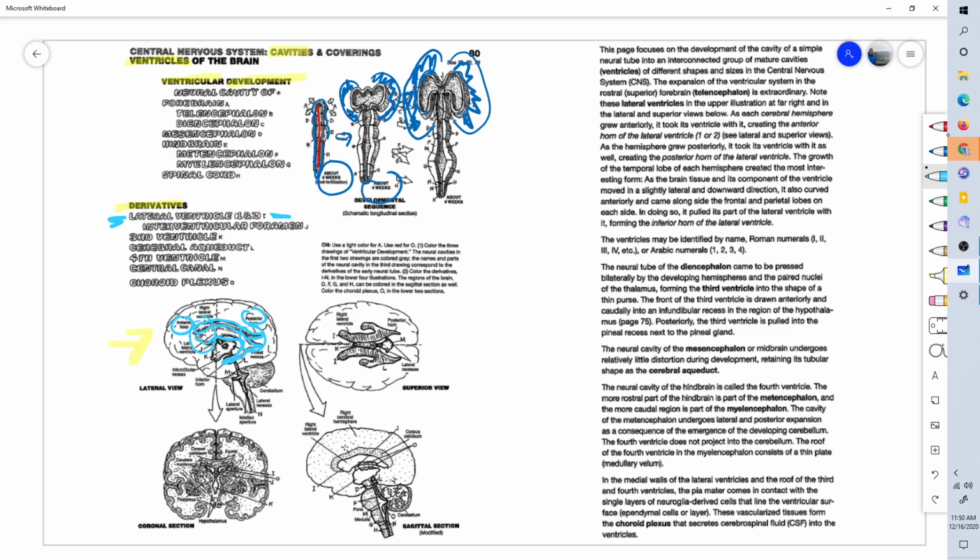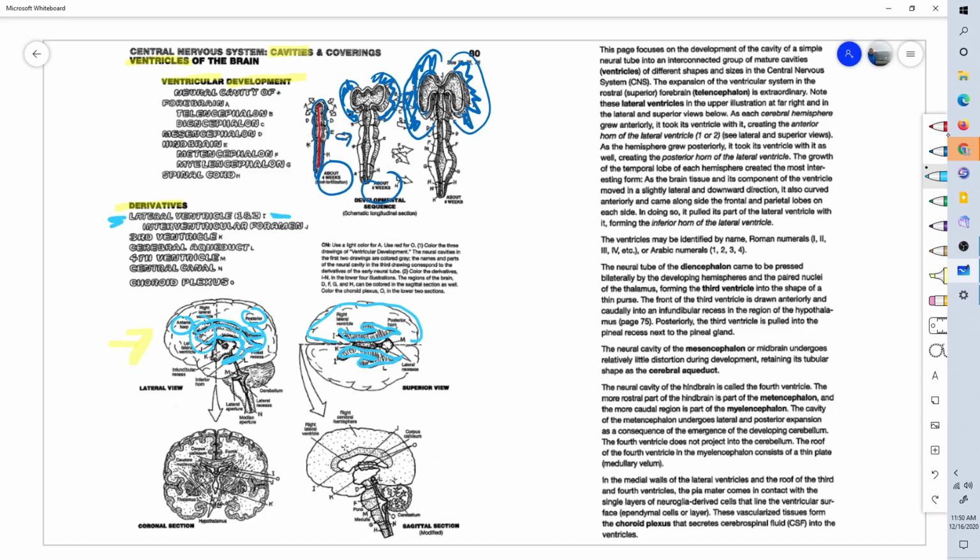And from a different perspective over here, you can see the lateral ventricles are inside of this massive cerebral hemisphere. Again, these ventricles are cavities. They're empty spaces.